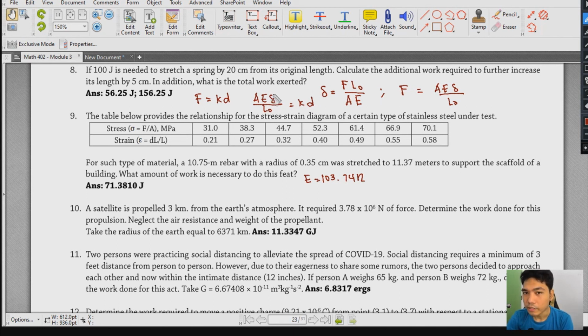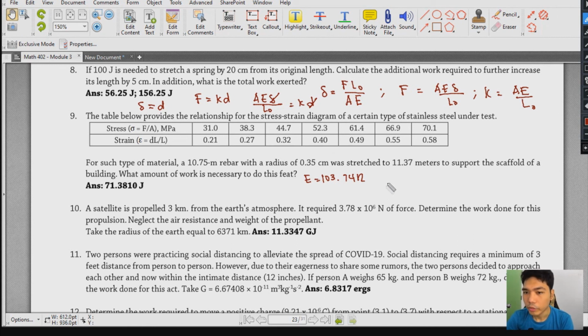Since this is also the change in length, you can cancel this out because the delta and D are equal. So the value of your k would be equal to AE over L sub o, and we can use this in order to determine our work.